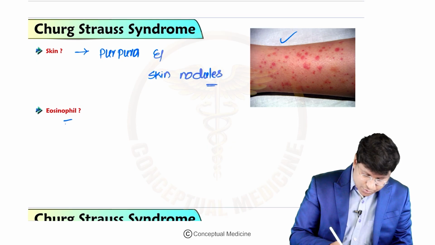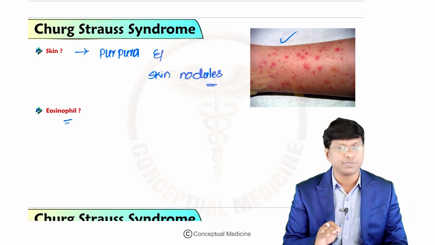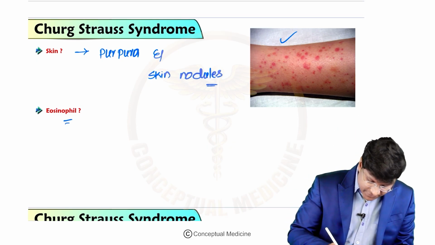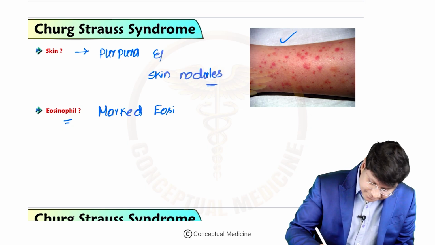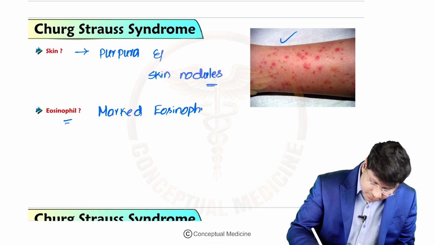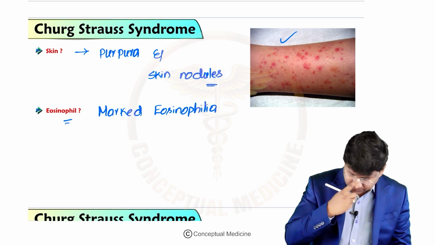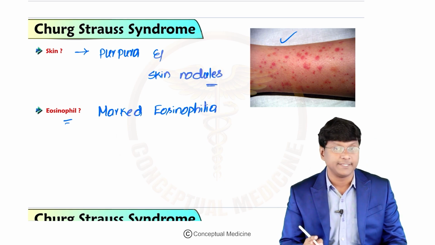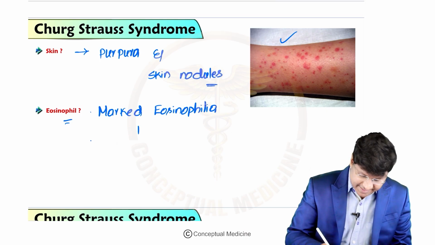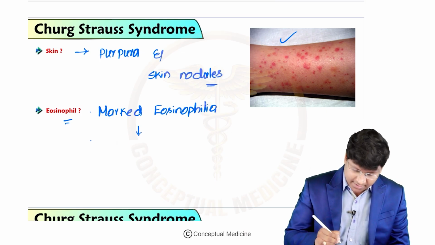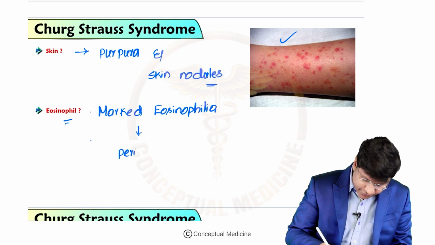Now, take the eosinophils. In patients with Churg-Strauss syndrome, there is marked eosinophilia, and this marked eosinophilia is present in the peripheral blood as well as tissue eosinophilia.